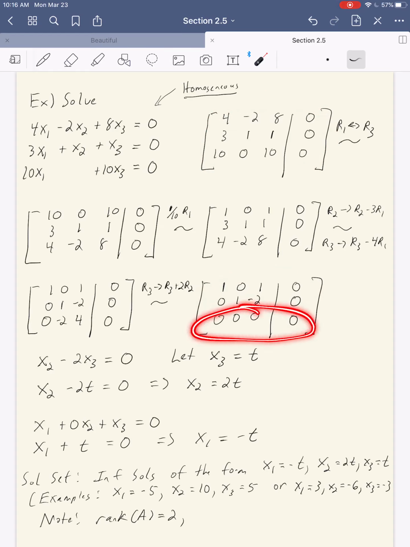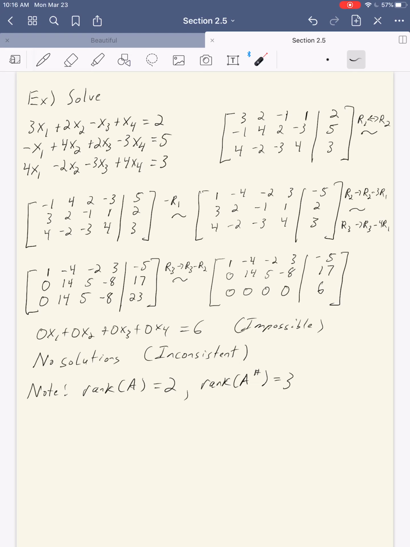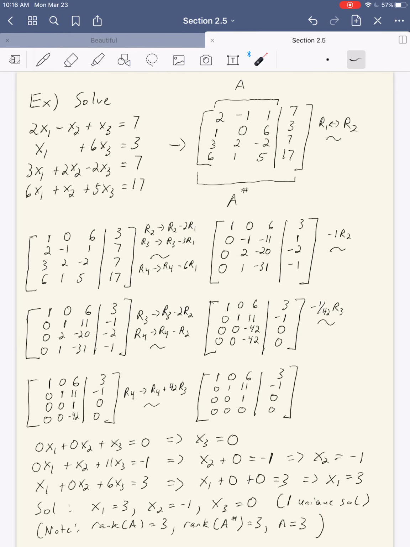There was this row down here, but it was a 0 row for A, and it was a 0 row for the augmented matrix. So the rank of A augmented was also 2. Notice that the rank of A and the rank of A augmented are the same. We saw that that wasn't the case here, and it was inconsistent. And we saw that that was the case here, and there was a solution.